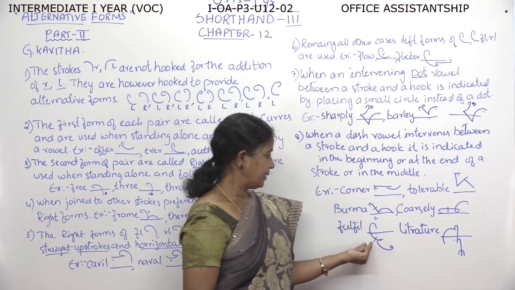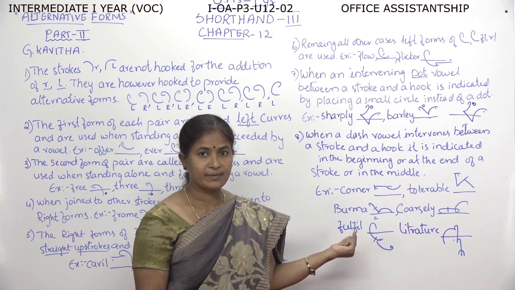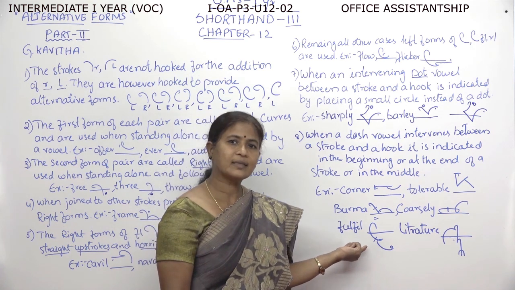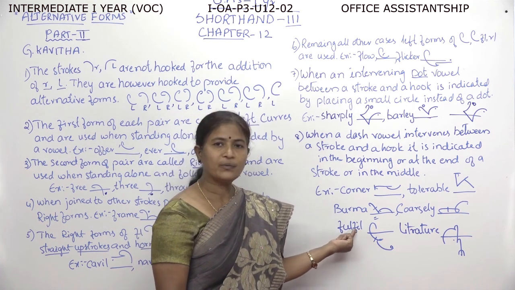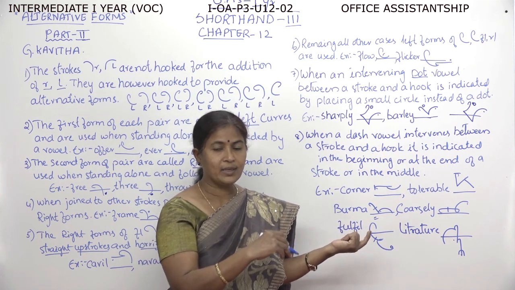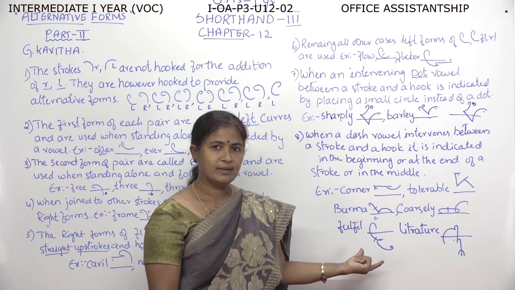Okay? And third place vowel వచ్చినప్పుడు, how do you place a third place vowel? A dash vowel, if it comes in between a stroke and a hook, we just intersect in the third place. See, fulfill. Full means we write full. Okay, but where do you place the O sign, the O dash vowel?